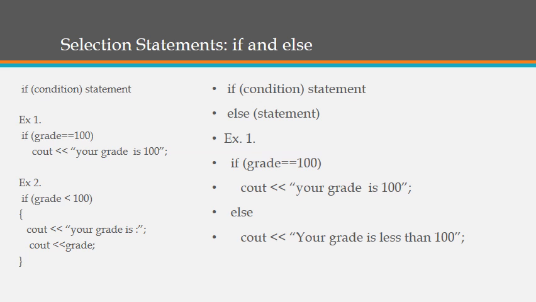The first example of the flow control statements that we will look at is the selection statements, the if and else. If is written with the syntax that you see highlighted on the screen here: if, open bracket, condition, closing bracket, statement.